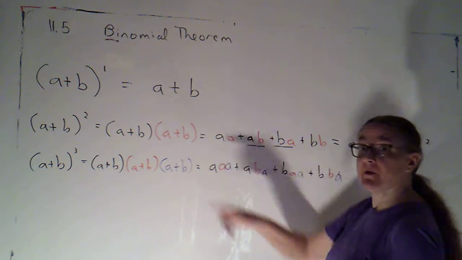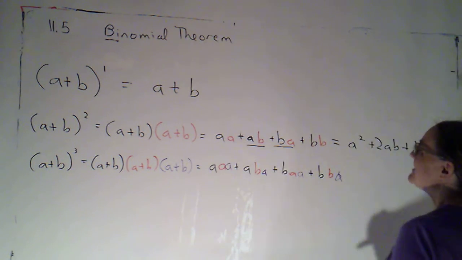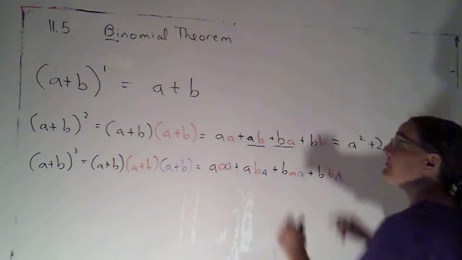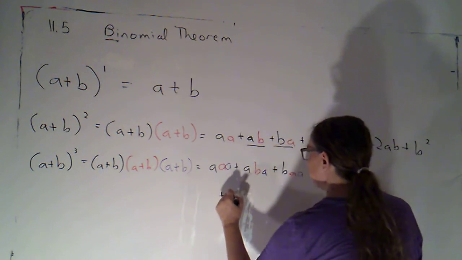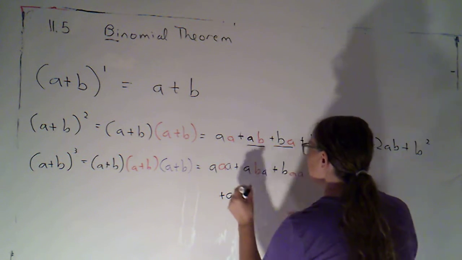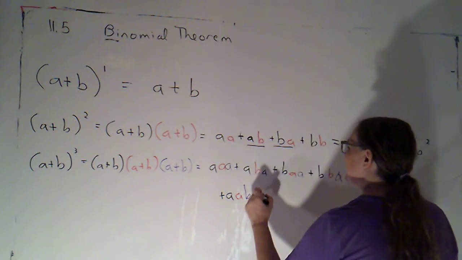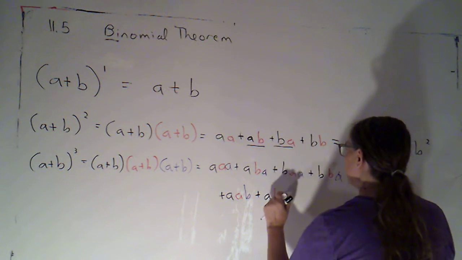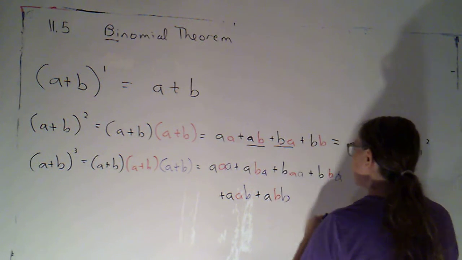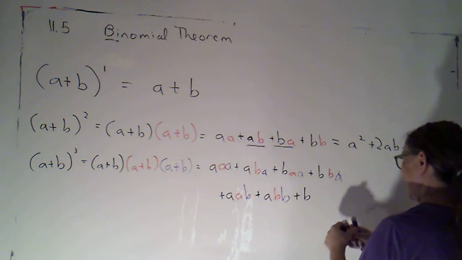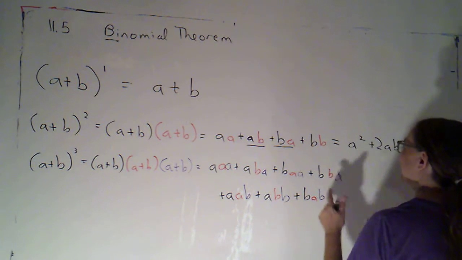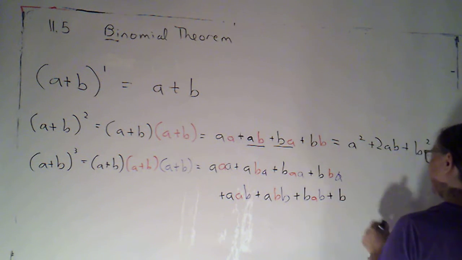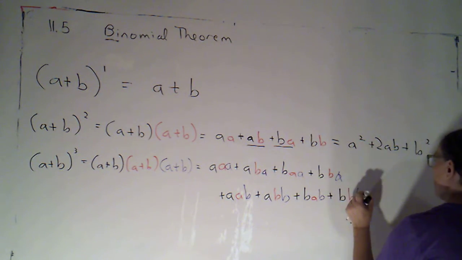Now I've got to distribute the purple b. So I'm going to get each of these four terms multiplied by a purple b. I'm going to just move to the next line. So I'm going to have black a, red a, purple b, plus black a, red b, purple b, plus black a, red a, purple b, plus black b, red b, purple b.